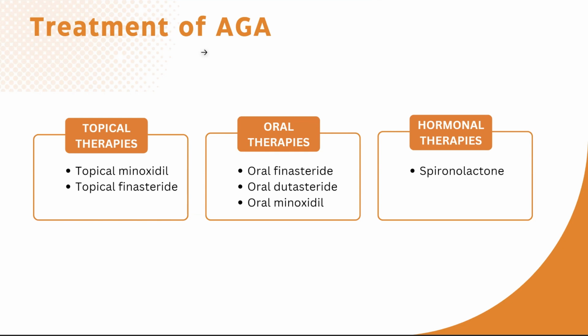One of the things that is very important for you to know is that one of the good treatments for pattern hair loss is hair transplant. We don't do hair transplant in very early cases, and we also don't do it in very advanced cases.